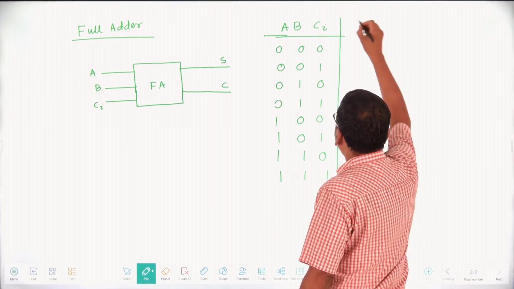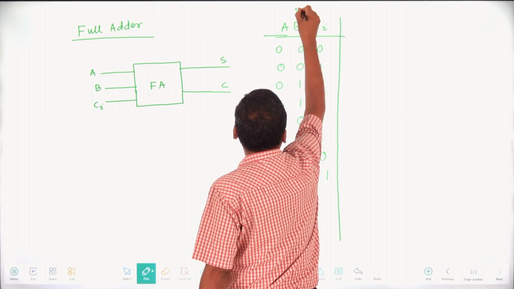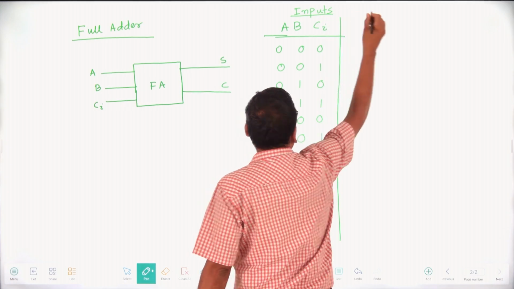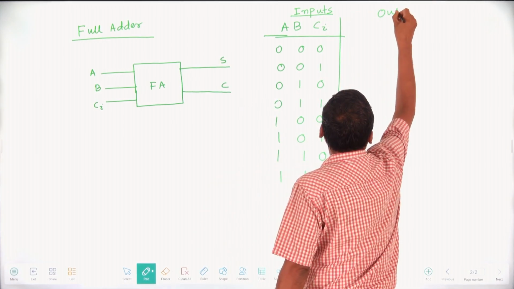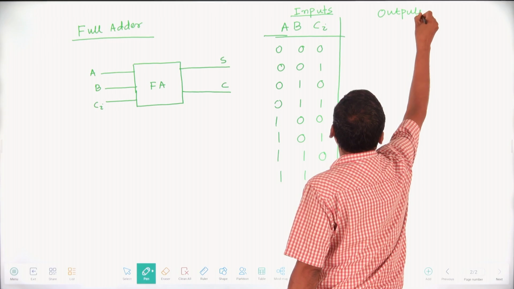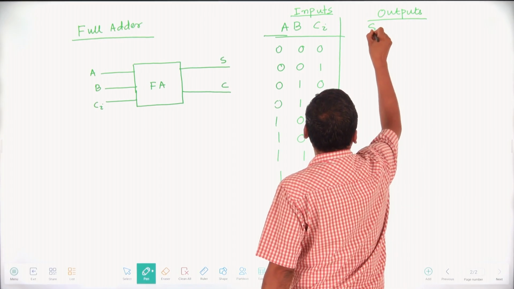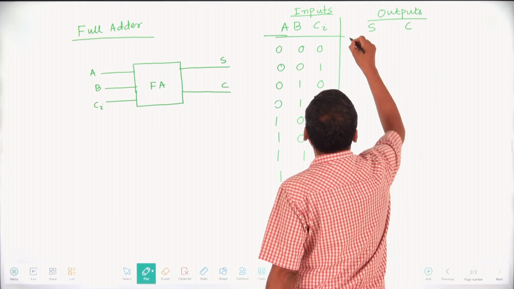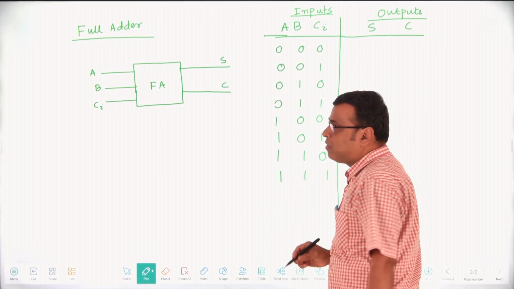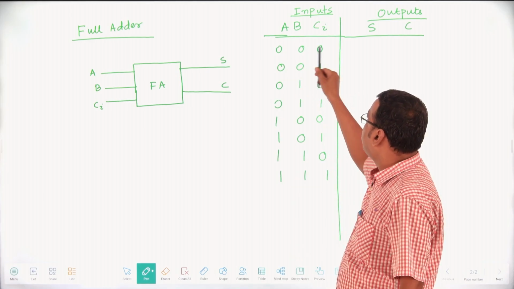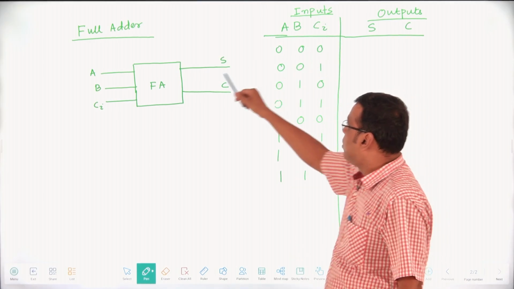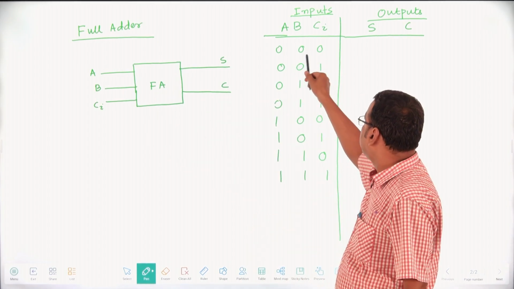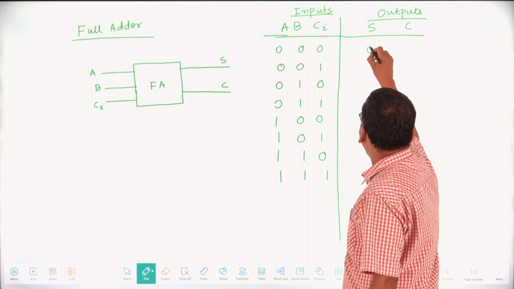So this is your inputs, and outputs are, similarly, one is your sum, that is S, another one is your carry, that is C. Look at this here, A plus B plus CI. 0 plus 0, previous carry was 0. So 0 plus 0 is 0, that is sum 0, carry 0.